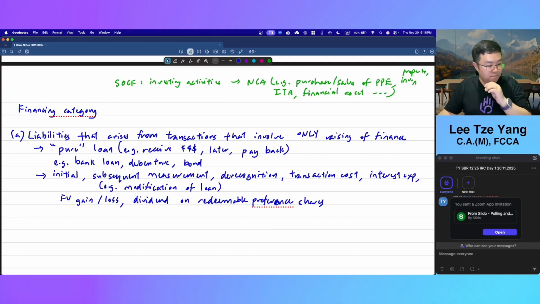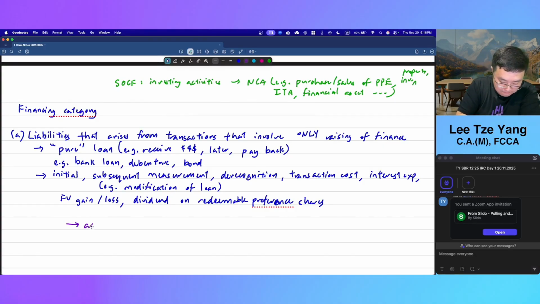So the above is also assuming SMBA does not provide customers with financing.